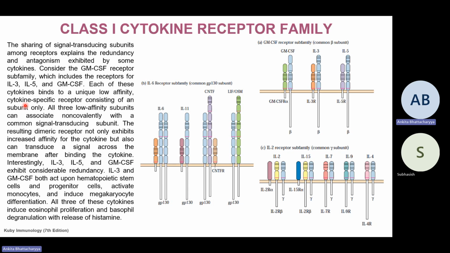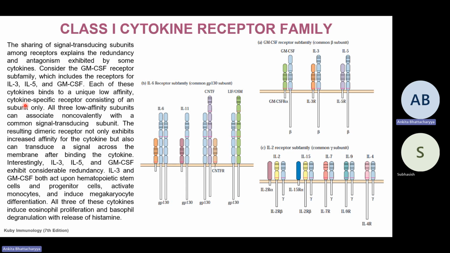Interestingly, IL-3, IL-5, and GM-CSF exhibit considerable redundancy. IL-3 and GM-CSF both act upon hematopoietic stem cells and progenitor cells, and they activate monocytes and induce megakaryocyte differentiation. All three of these cytokines induce eosinophil proliferation and basophil degranulation with the release of histamine. So that is the downstream effect of the activation of this pathway.